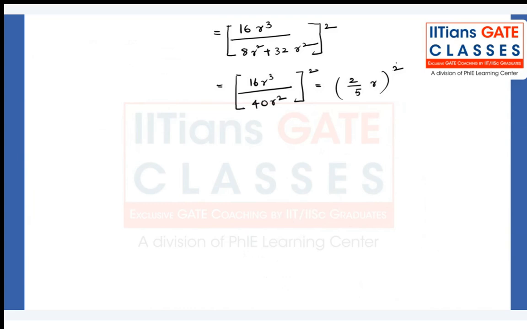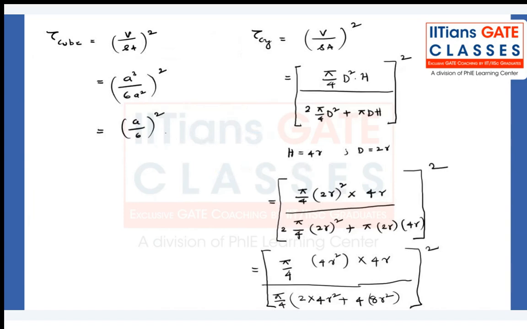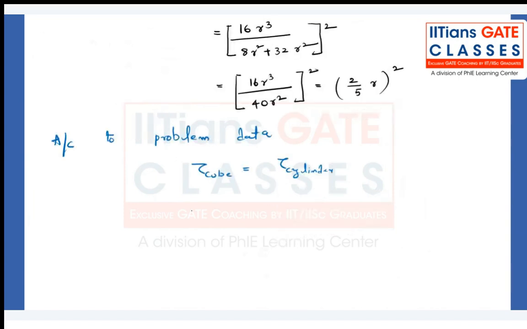Right. Now, according to the problem, what is the data? According to the problem data, solidification time of cube is equal to solidification time of cylinder. So solidification time of cube is (a/6) whole square, and solidification time of cylinder is (2/5 r) square.